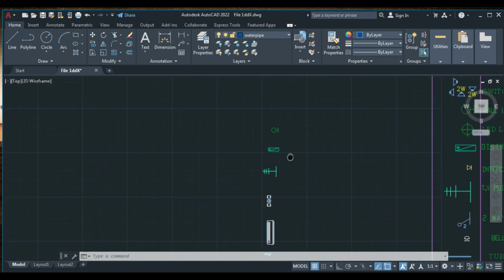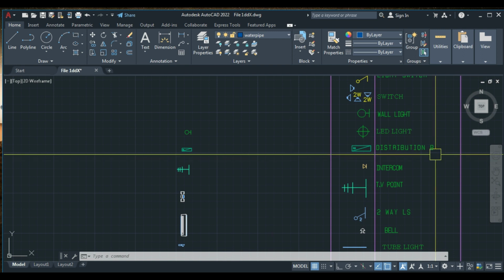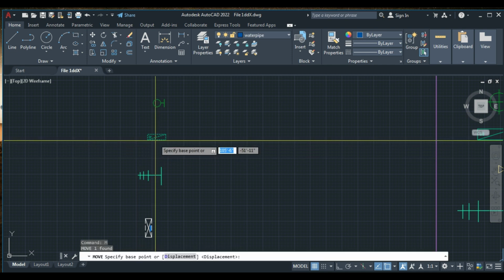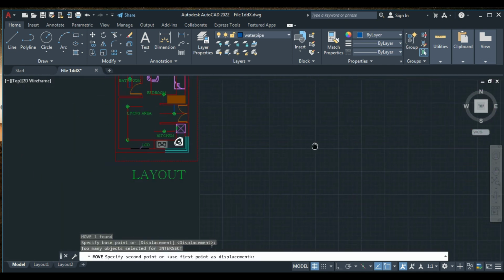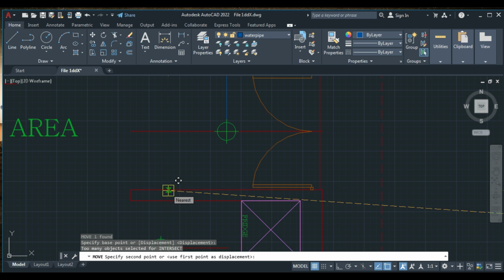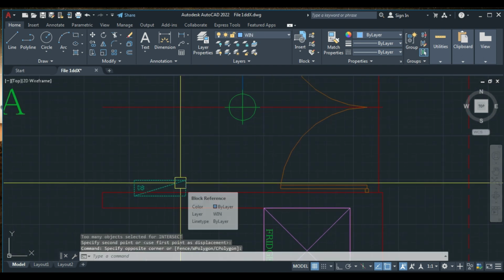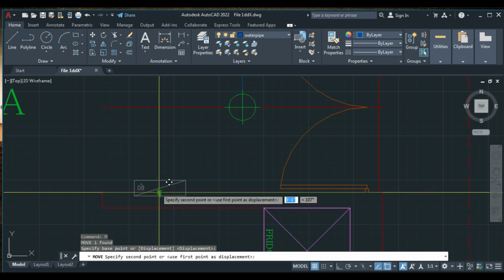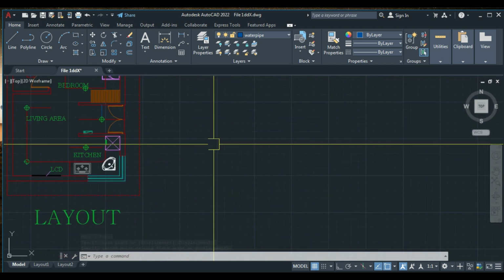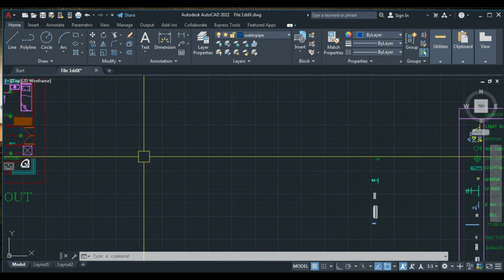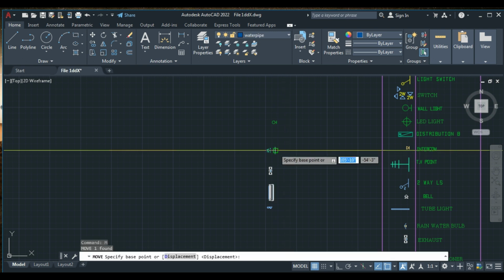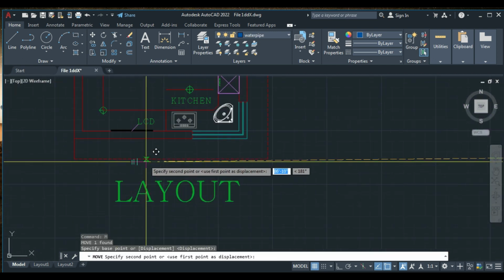This symbol is for distribution board. This symbol is for TV point. This symbol will be placed at areas where we have provided television.